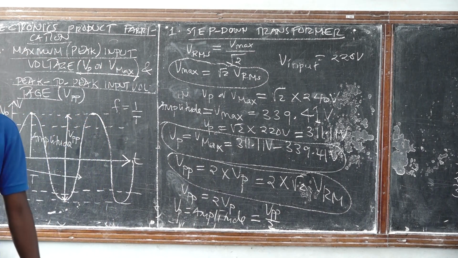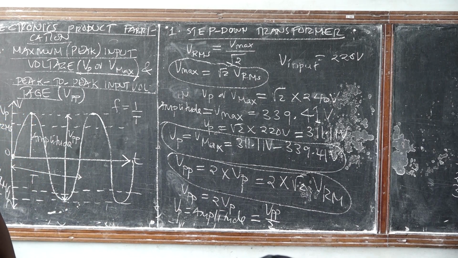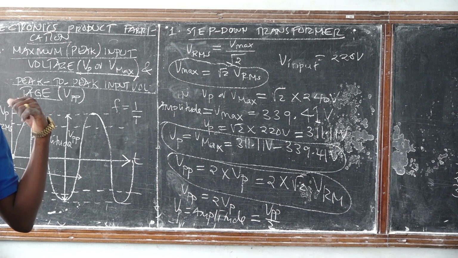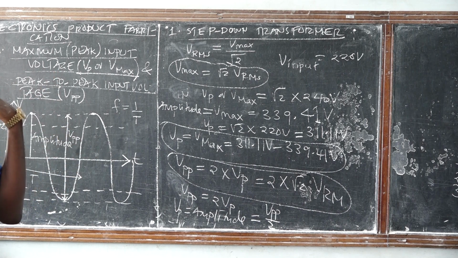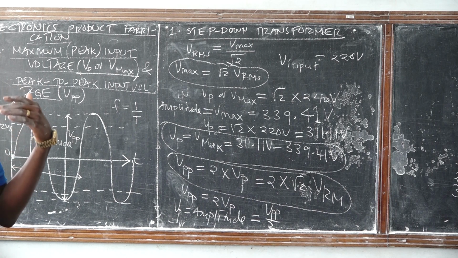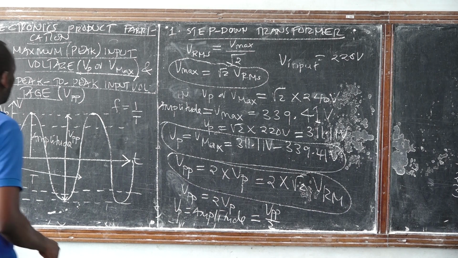That's the beauty of mathematics, because if you don't know mathematics, you might ask a lot of questions and might think that this is the new business. Engineering is tough because of a lot of mathematics. Class, are we together? Is there any question at that moment? Things are clear. And you began to understand now V peak to peak and V peak. And you thought that it's a new terminology.